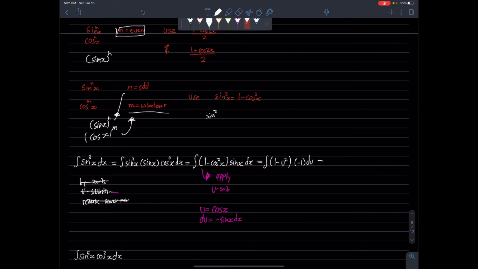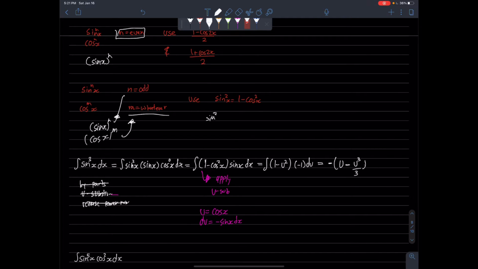Now we can easily integrate this. Now we can apply the reverse power rule. So you're going to be left with a negative here, u, because that's the integral of 1, and minus u squared, so it's going to be minus u cubed over 3. Plus c.